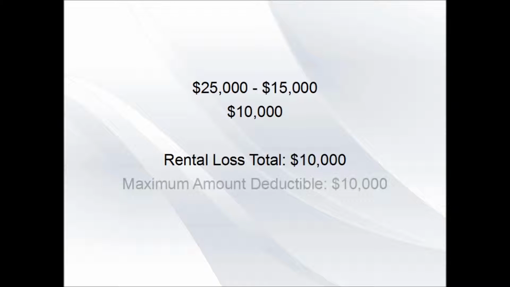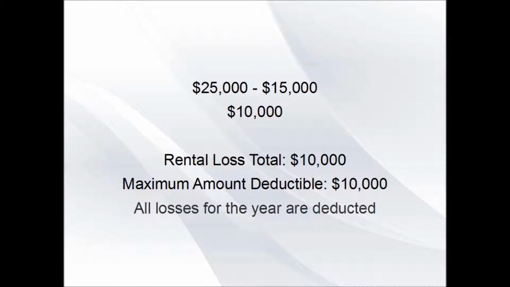This is found by subtracting the phase-out amount of $15,000 from the universal maximum deductible of $25,000 explained before. In this scenario, the rental loss totals $10,000, and as calculated, their max amount deductible is $10,000.